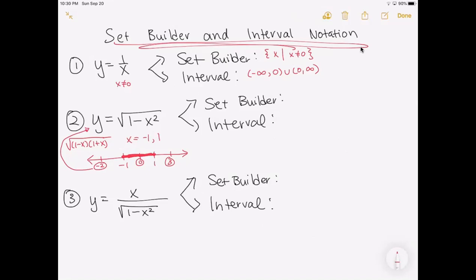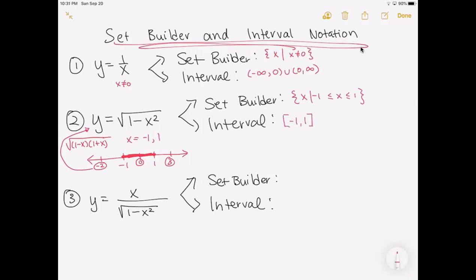No way, right? We cannot have a negative number underneath the radical. Therefore, our set builder will be x such that x is between -1 and 1, including those values. For interval notation, it will be bracket -1, 1.